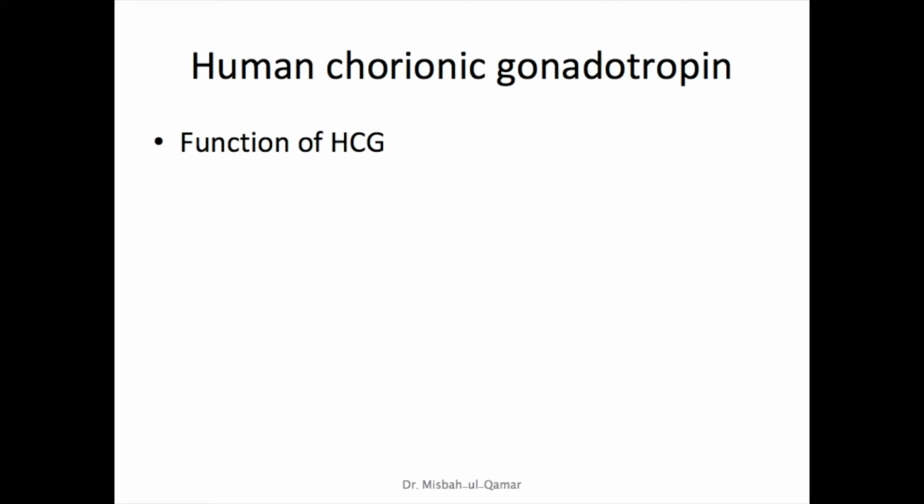If we look at the function of HCG, it causes the corpus luteum to secrete larger quantities of its sex hormones for the next few months. By far the most important function of HCG is to prevent involution of the corpus luteum at the end of the monthly cycle.